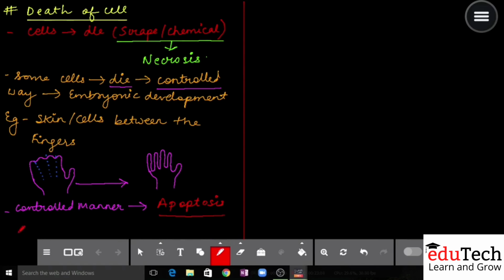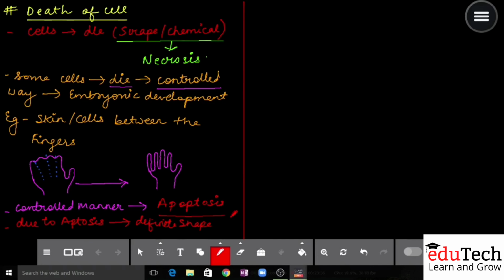Due to apoptosis, there is complete death of cells between the fingers, because of which the fingers got a definite shape. So therefore apoptosis is sometimes very important. This is one of the examples.